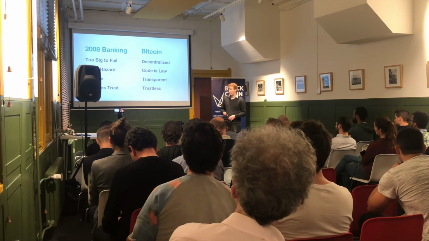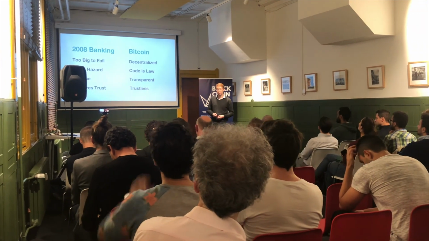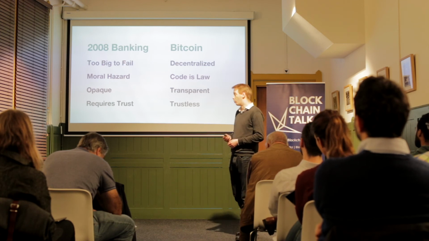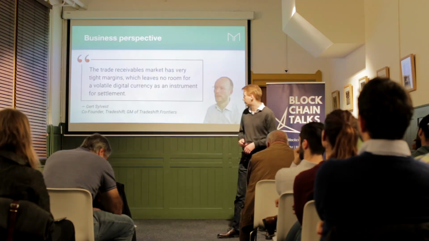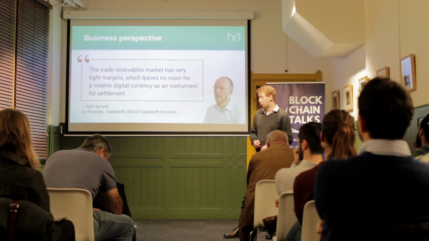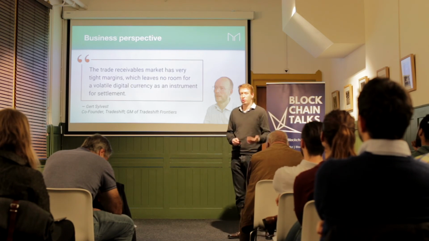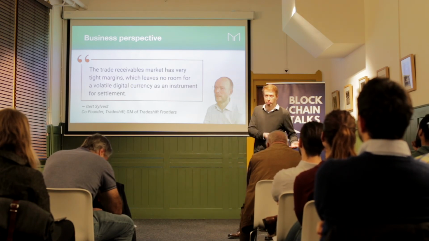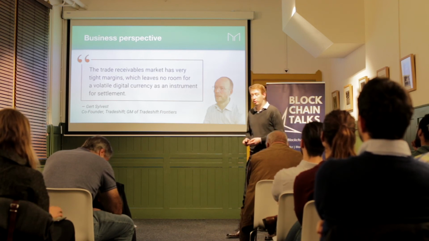So, if Bitcoin has all these properties, then why do we need something more? Well, in the trade shift business, which is supply chain management, you can really not imagine using a coin that is as volatile as Bitcoin, because as a business, when you buy products, you need to make a plan, you need to sell them later on.